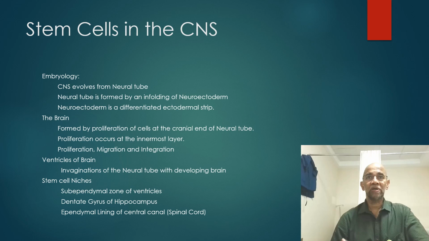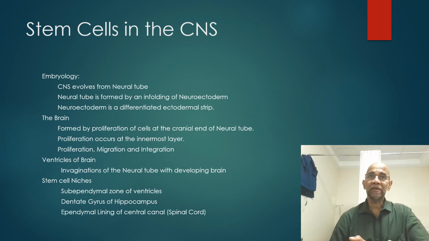How does proliferation occur? The innermost layer of cells start multiplying. These cells proliferate. Then these cells migrate to the outer surface and then they integrate to form the cerebral cortex.